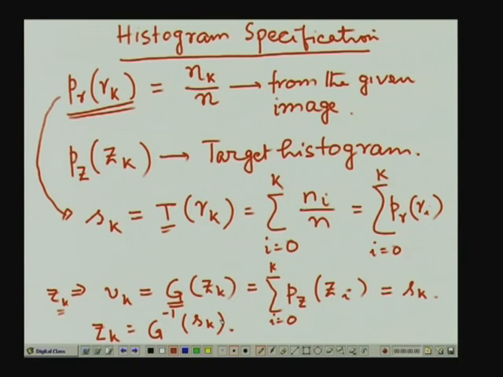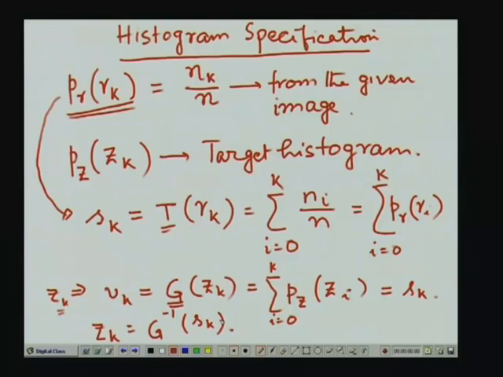So, what we have to do is, for the given image, we have to find out the transformation function T(r) corresponding to the histogram of the given image. Using this transformation function, every intensity value of the input image, which is r_k, has to be mapped to an equalized intensity value, which is equal to s_k. That is the first step.